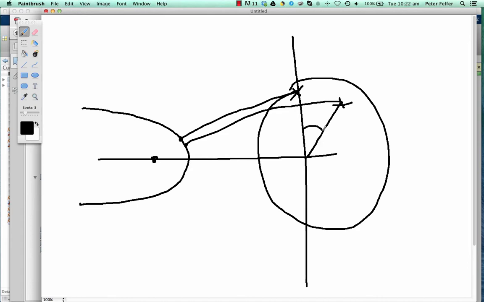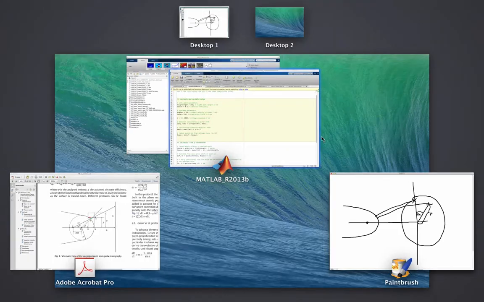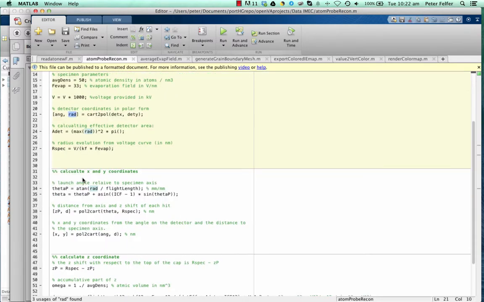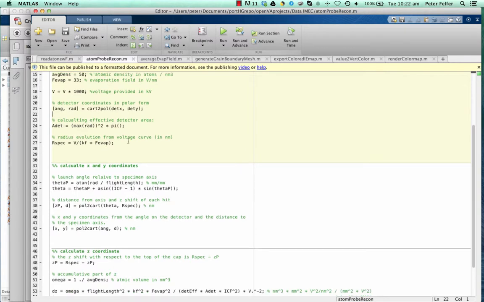We want to know what this angle is. Let's call it alpha. I'll just call it angle in the reconstruction protocol, and we want to know what the radius here is, and that's exactly what this operation does. So it calculates the angle and it calculates the radius, so that from now on we can work with the radius and treat everything as if it was in one plane, and then later use the angle to get back into XY coordinates.